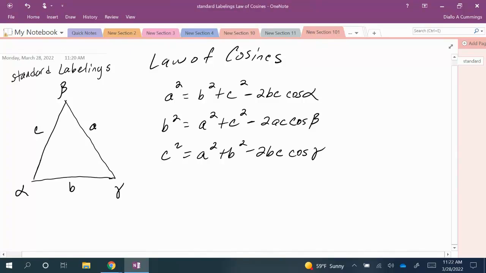For each one of these setups, take the first one, A squared equals B squared plus C squared minus 2BC times the cosine of alpha.